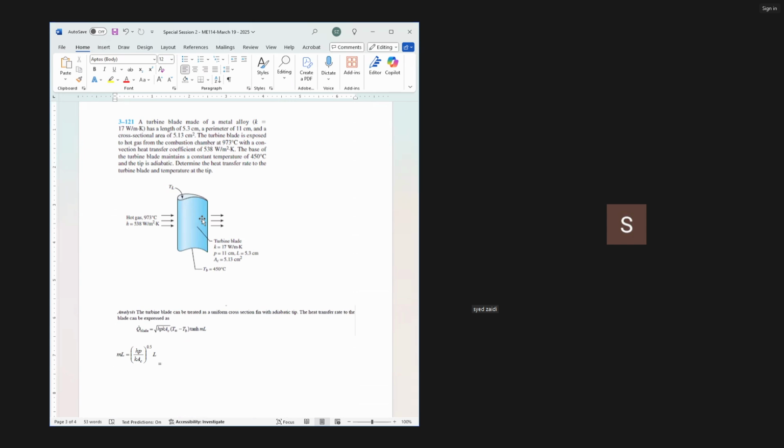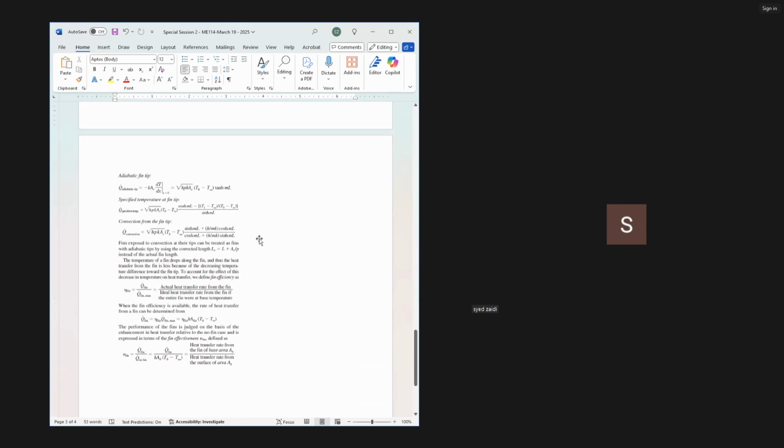So thickness over, so let's go back to here. I think in these equations there is a value of, let me find out that for you. Hold on, let me check where it is.